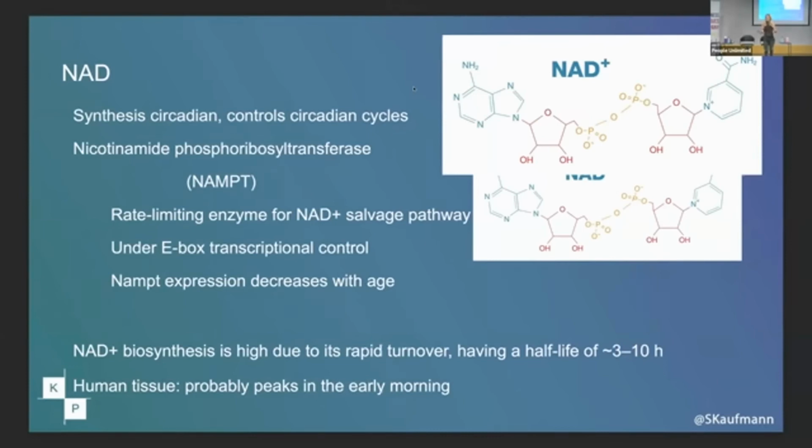But this is so intricate, it's fantastic, because NAD is created in an oscillatory fashion. When you activate your E-box, you're making the enzyme, i.e. NAMPT, right, that makes NAD for your salvage pathway. So NAD is created in a circadian fashion. What's also fabulous is that the NAD then controls how this whole thing works. So it's this fantastic another layer of feedback systems, right?